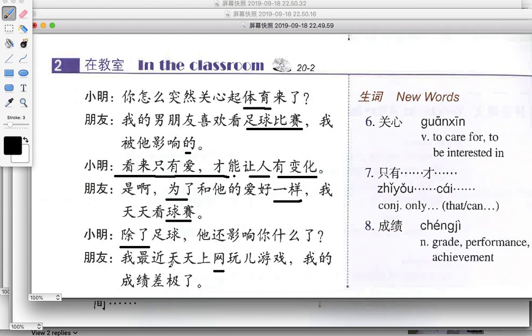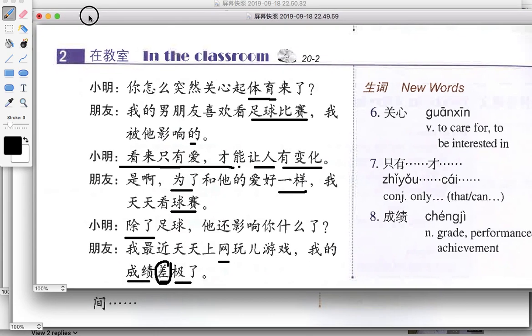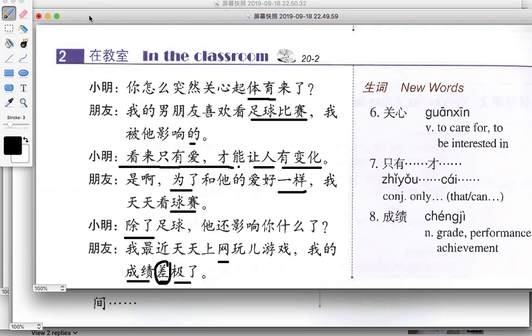Every day I play computer games because my boyfriend likes to do that. 我的成绩, my grade, my results, academic performance. 差, bad. 极了, very very bad. 好极了, very very good. 极 sort of means extreme, so extremely bad or extremely good. In this sentence, extremely bad. Or you can use most of the adjectives and then plus 极了, meaning extremely this adjective.